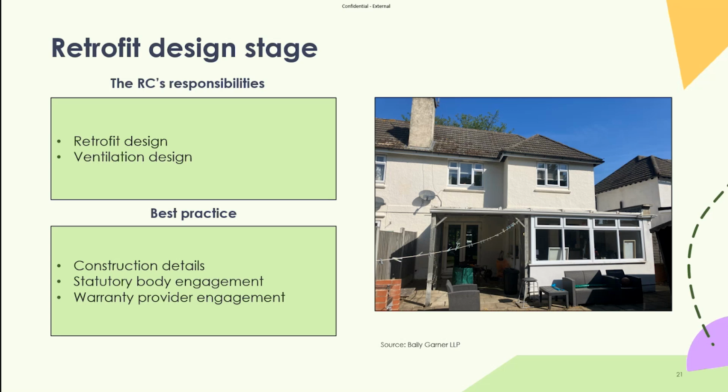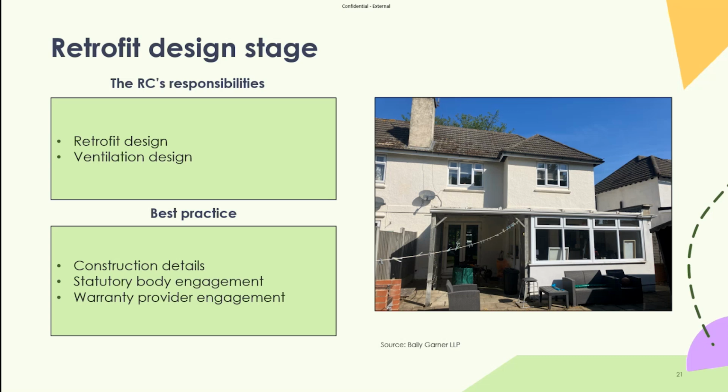Another key thing to consider is building regulations, compliance and warranty requirements. So on the screen here is a property that we're about to start actually. And again, external wall insulation is the primary measure. I've picked EWI based projects because they're nice and visual, but we've got an extension with a sort of Perspex type roof, a canopy area.